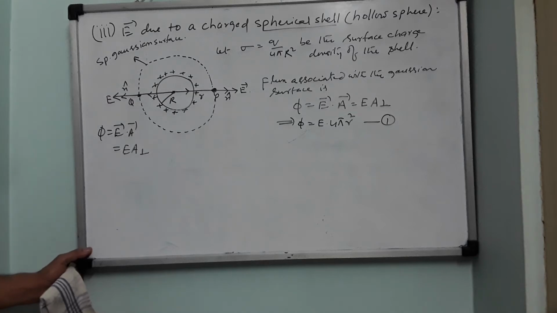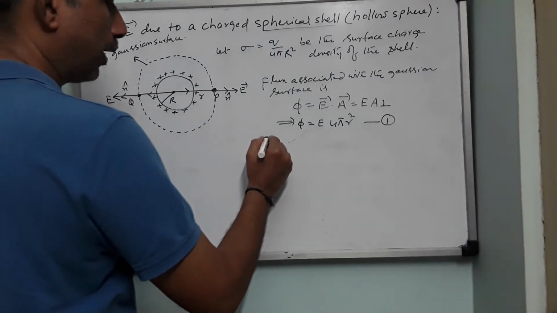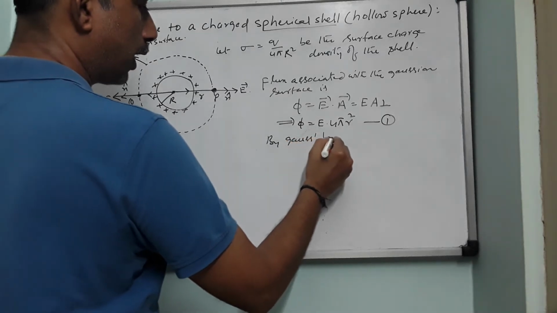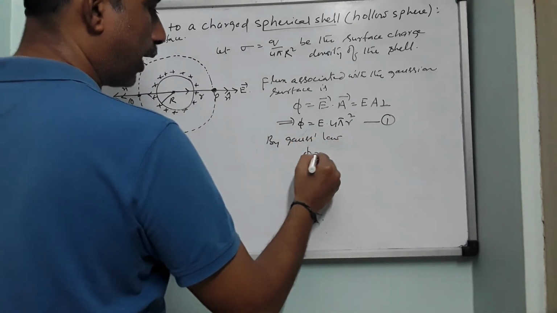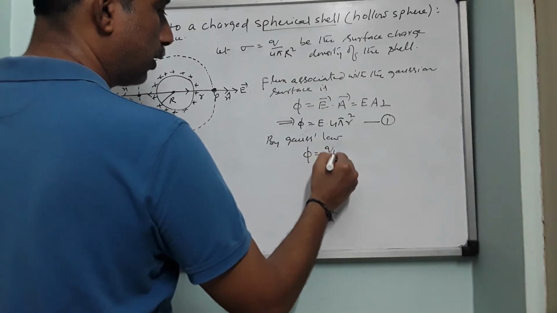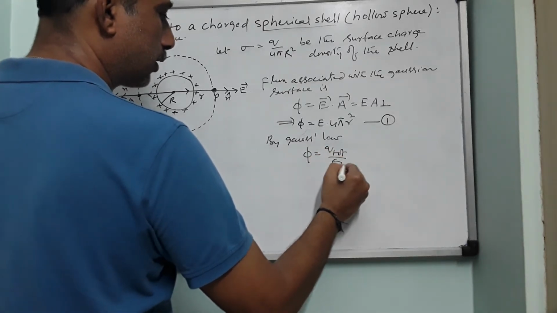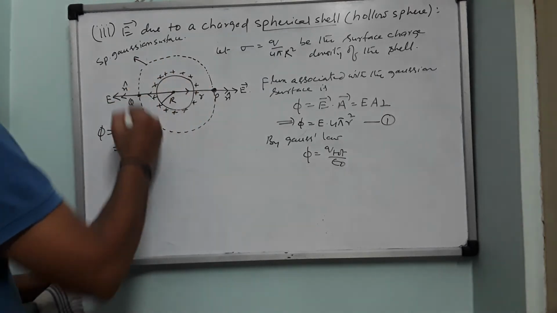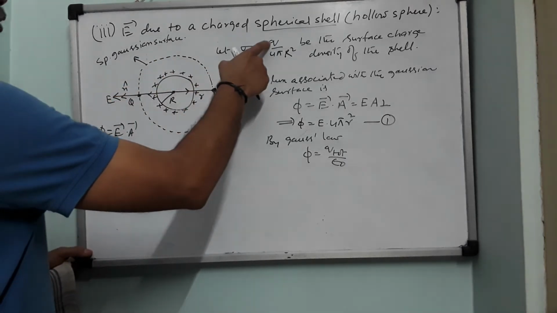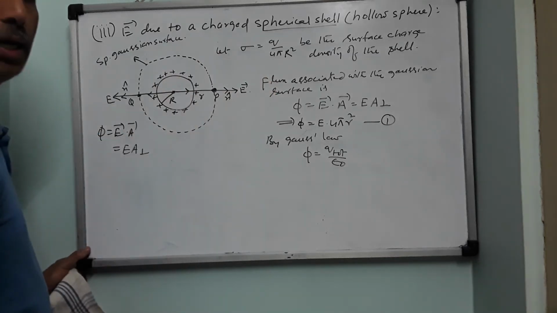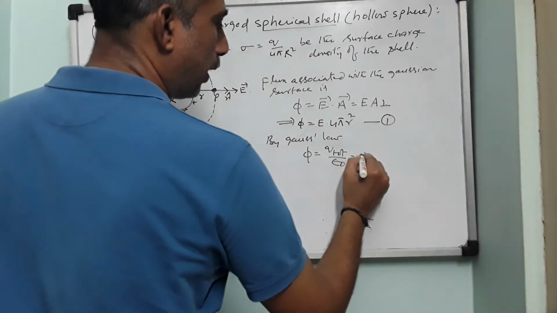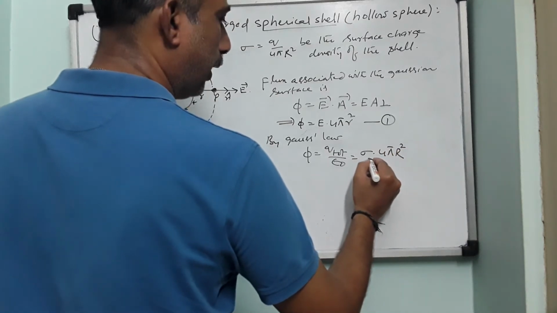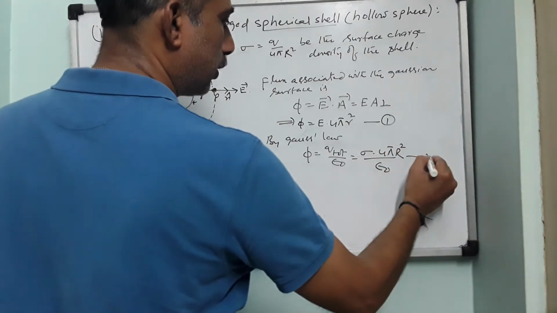Now let us use Gauss law. By Gauss law, flux is also 1 by epsilon naught times the total charge enclosed by the surface. The Gaussian surface encloses Q equals sigma into 4 pi capital R square, so phi equals sigma into 4 pi capital R square divided by epsilon 0. This is equation 2.